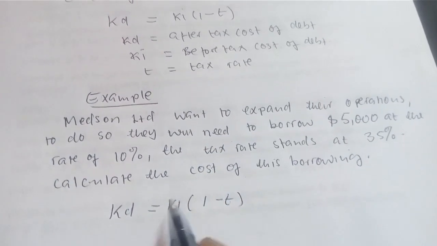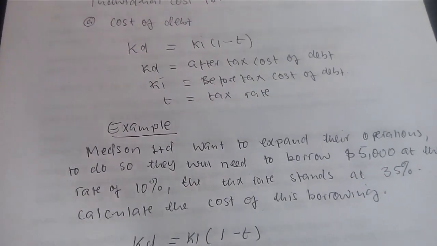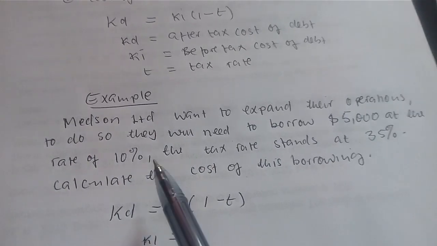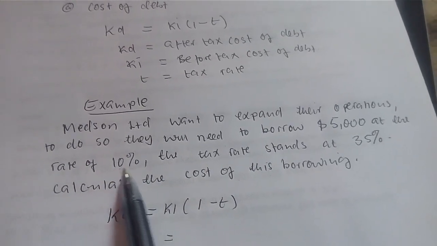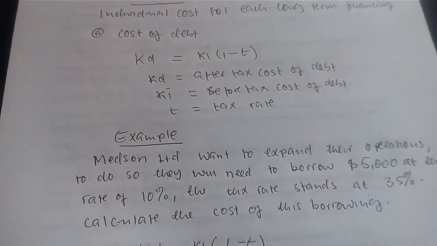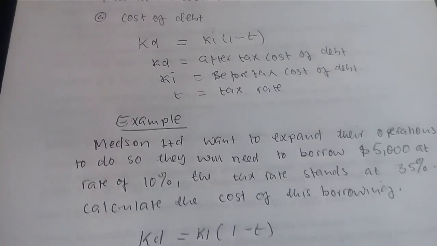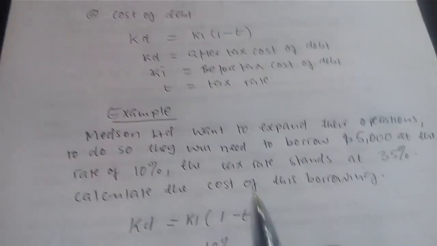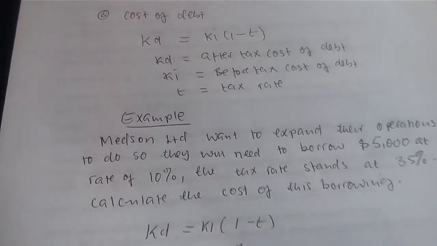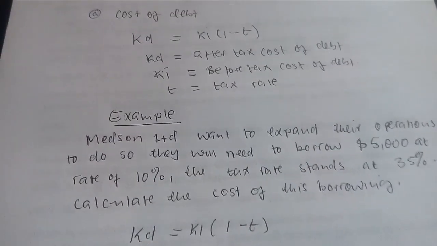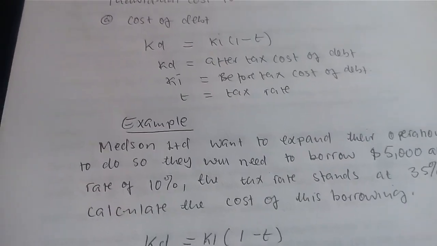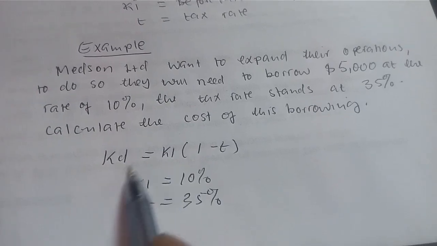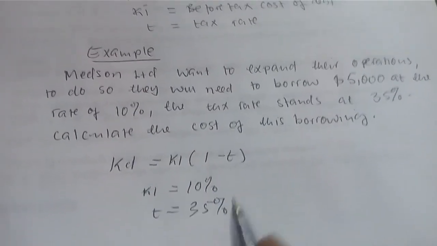Our KI, which is the before tax cost of debt, is a 10% return, and our tax rate stands at 35%. These are the most important items that we use in computing the cost of debt.